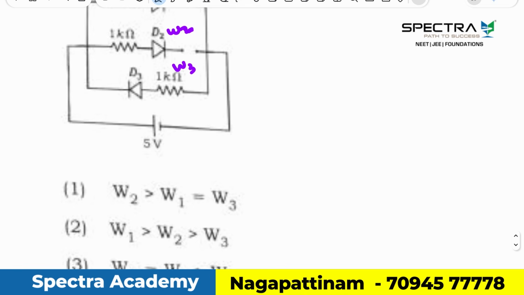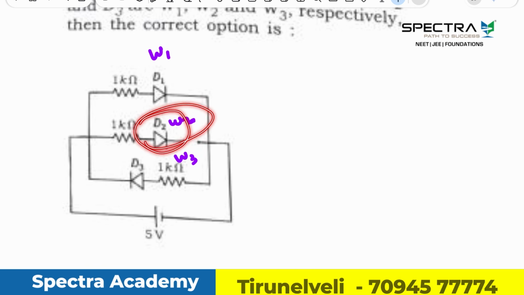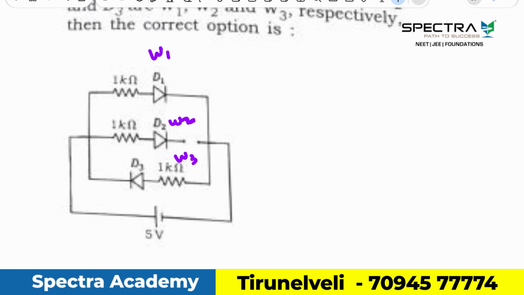Before going to the options, let's understand this better. This is not biased. Why not biased? Because no switch. This is not connected, so that is open there. So for this one, no biasing.